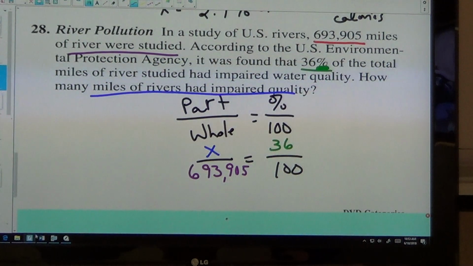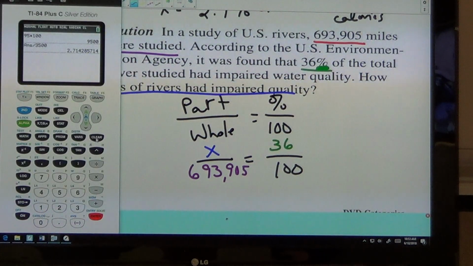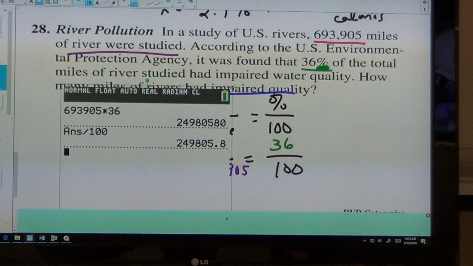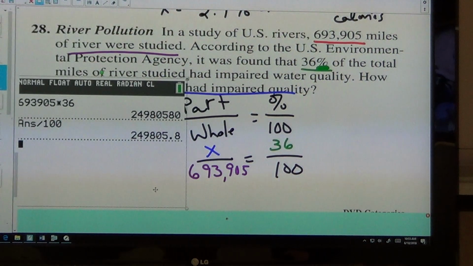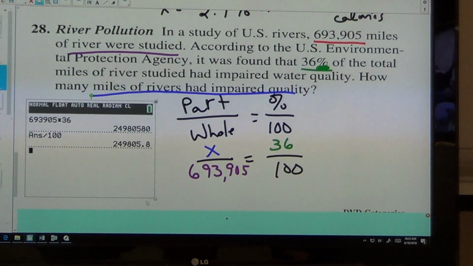So what two numbers am I going to multiply? 693,905 times 36, and then I'm going to divide that by 100. So this tells me how many miles of river were crappy.